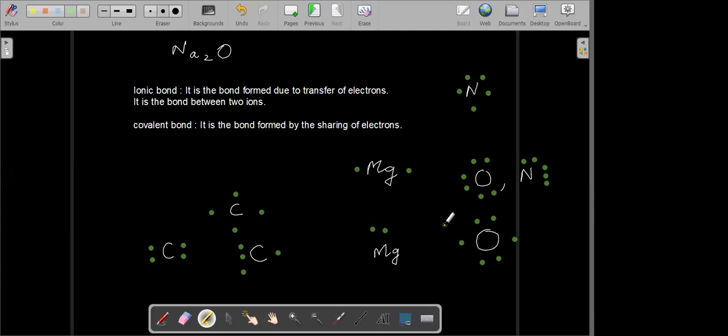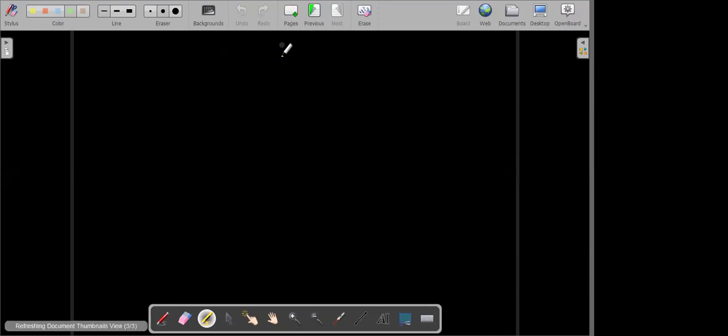Got it? Any other doubts? Now, can I expect you to write down the electron dot structure of different elements? Okay, now I'll be checking this.